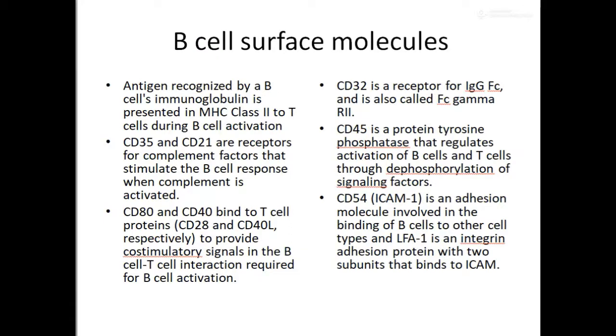So now if we go on to look at the B cell surface molecules, you can see that we have the membrane bound immunoglobulin that is a part of the B cell. In addition to that, the antigen recognized by the B cell's immunoglobulin is presented in class 2 MHC to the T cells during B cell activation.